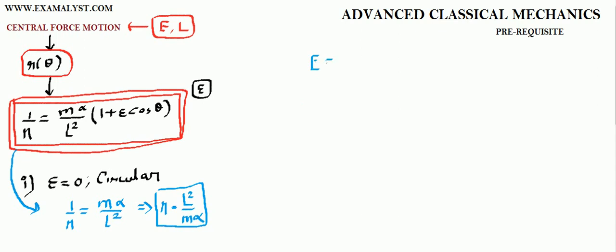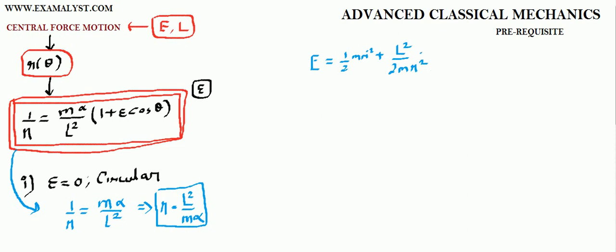Let us see. What was the total energy for a central force motion? Let me write it down. It consisted of the radial kinetic energy, which is half m r dot square. Then the kinetic energy related to the linear velocity, which can be written in terms of angular momentum, so L square by 2 m r square.